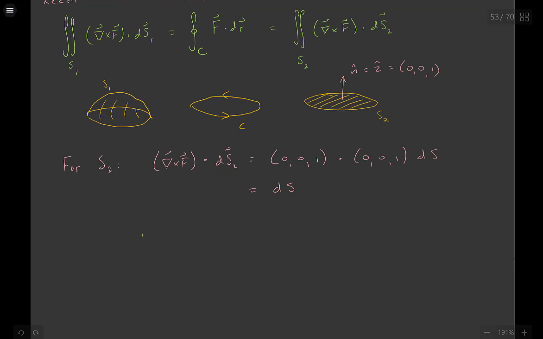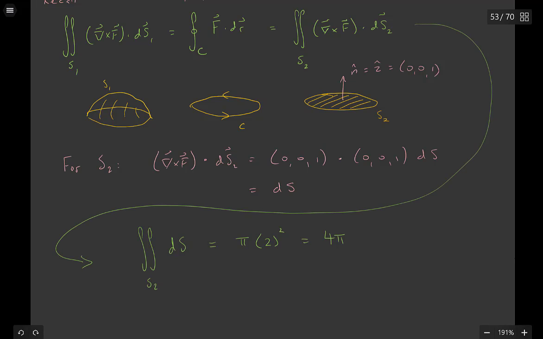And if I'm just integrating over this disk of radius 2, I'm just going to get the area of that disk. It's got radius 2, it's a circular disk, so it just has area pi r squared, and r is 2, so that's equal to 4 pi. So just to make this perfectly clear, this is the same integral here.